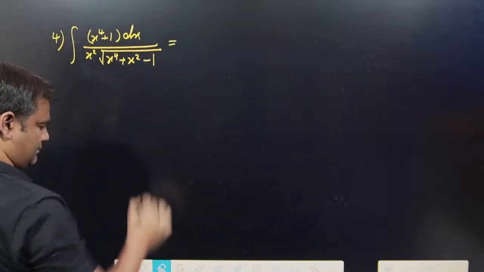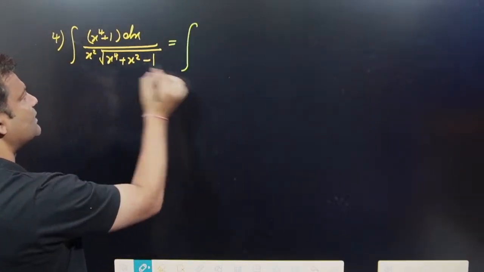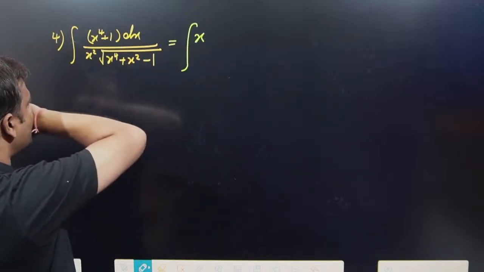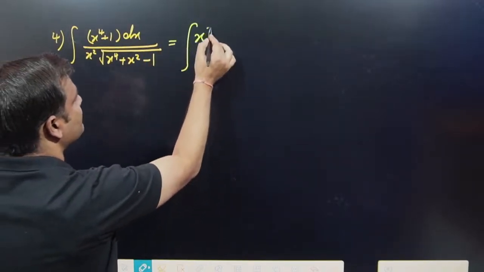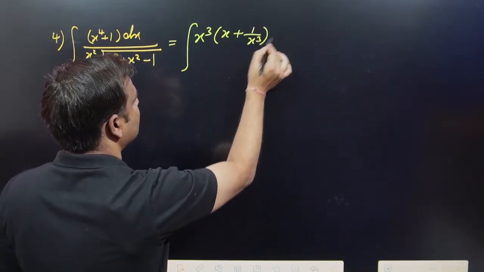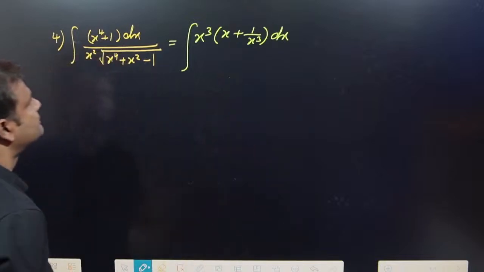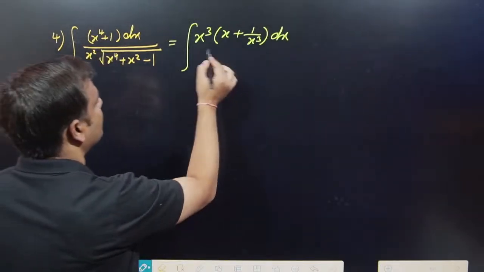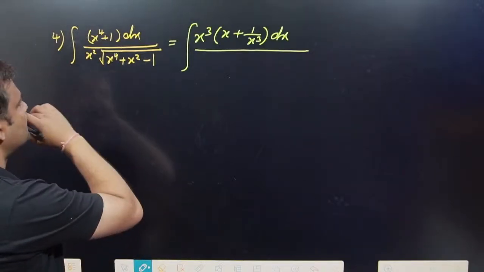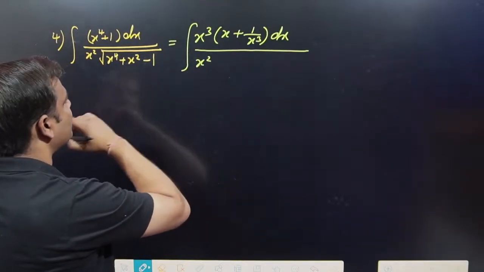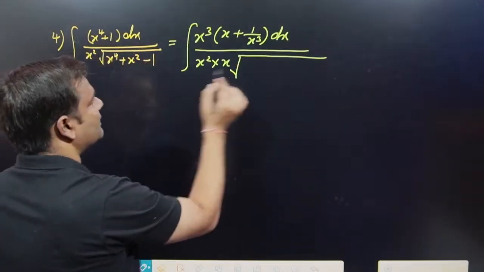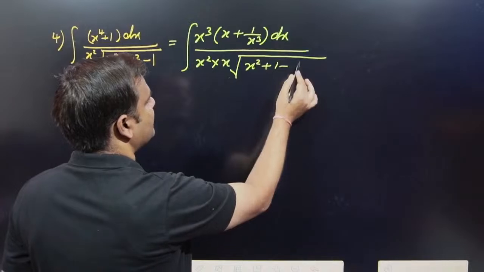Now, how can we do this question? If x cube is common, then it is written here 1 upon x plus x cube dx. Okay? Divide by, now here x square, if x is common, so what will be that is x square plus 1 minus 1 by x square.